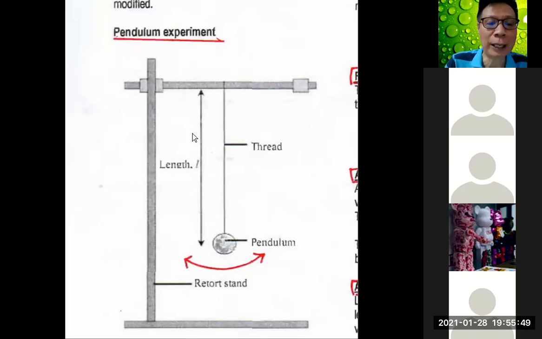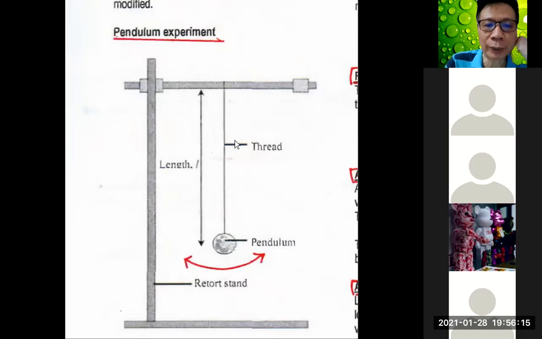In this experiment you see now, this is the retort stand, this is the thread, and you have a pendulum bob here. Pendulum bob means this is the ball. What do we do with this setup? When you have a thread hanging this pendulum bob, I have something very common sense to ask you all.